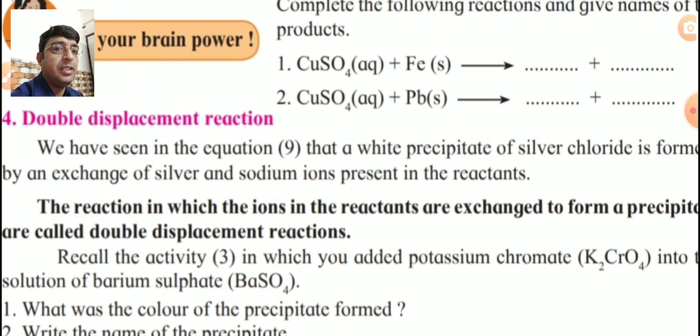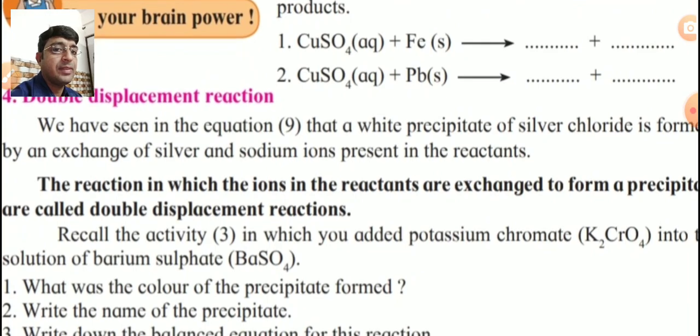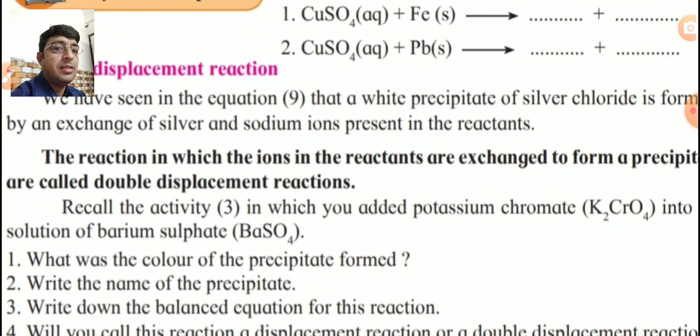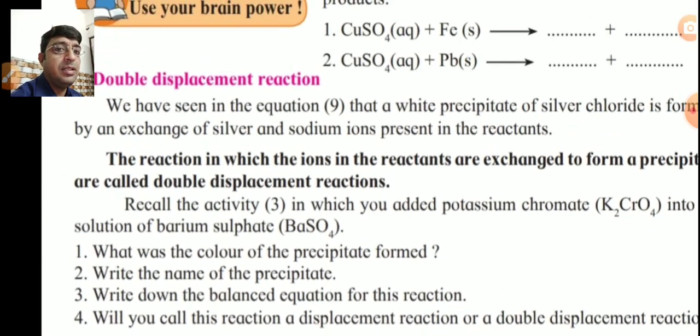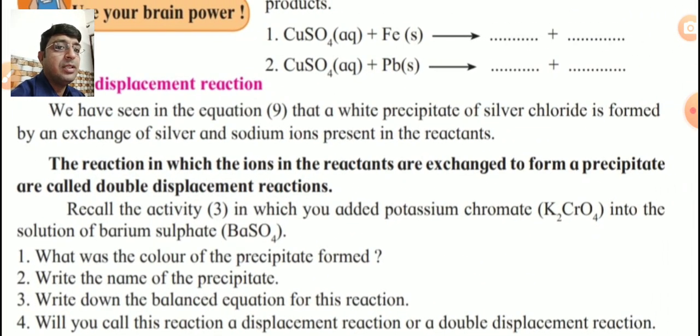So define double displacement reaction. Answer. The reaction, check the answer. The reaction in which the ions in the reactants are exchanged to form a precipitate is called double displacement reaction.